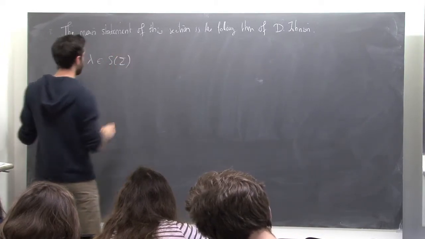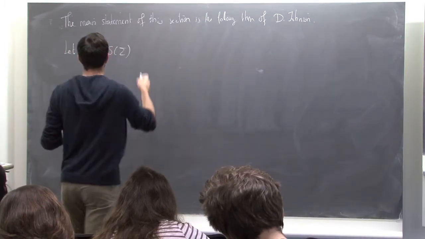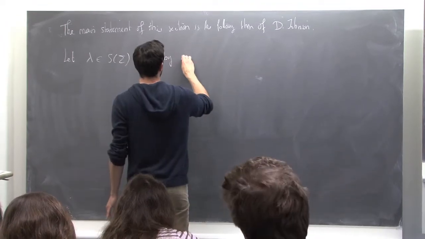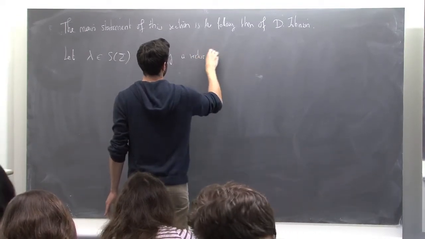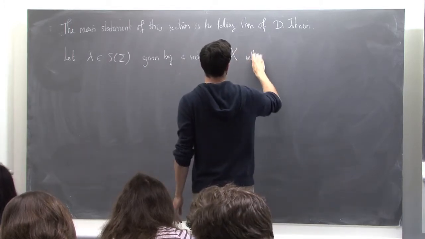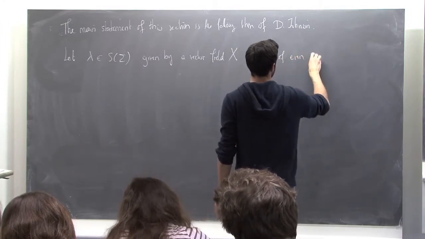So we consider a spin structure which is given by a vector field X with zeros of even index.